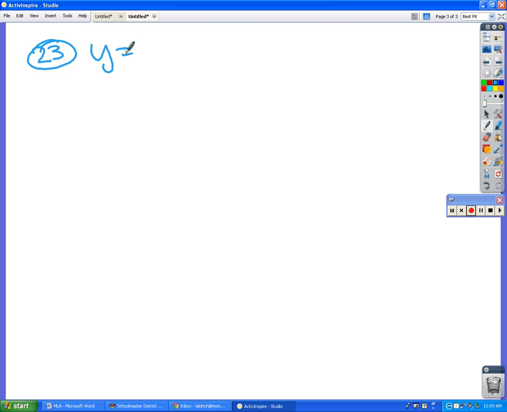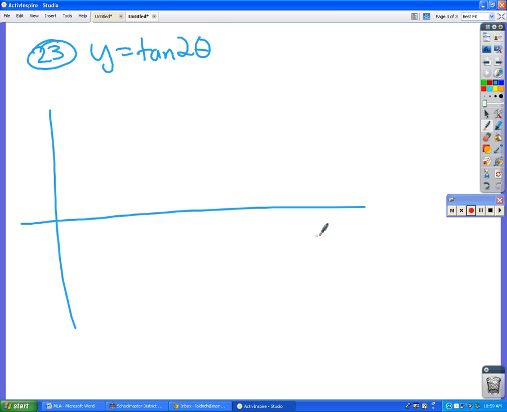So we're trying to graph y equals tangent of 2 theta this time. And we still need to go from 0 to 2 pi. Is it 4 pi? Why wouldn't it? Well, because they want us to still always go from 0 to 2 pi. So our scale is going to be the same, 0 to 2 pi. What is the period of this function?